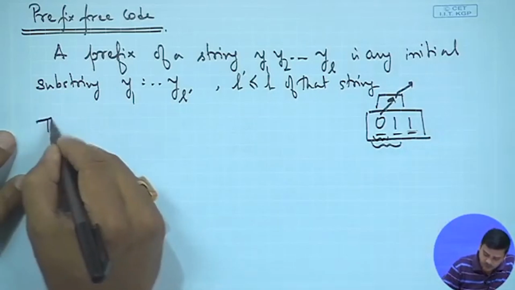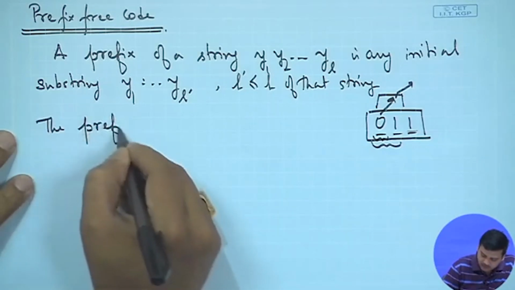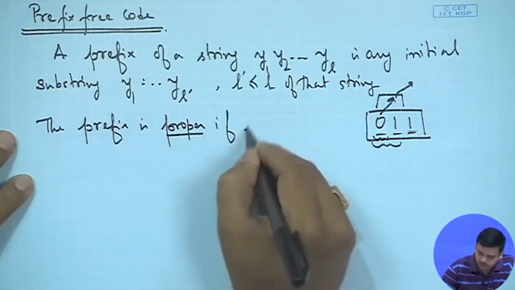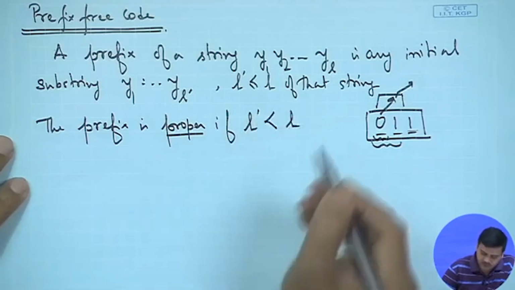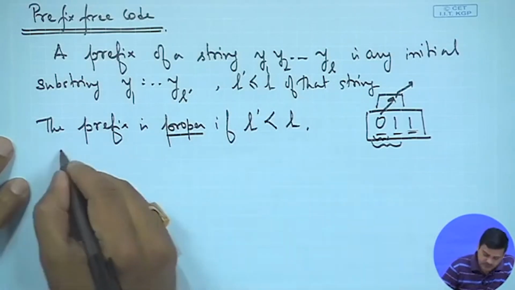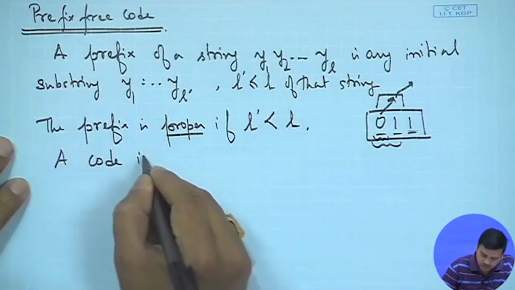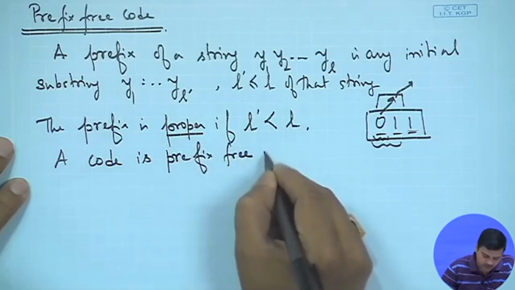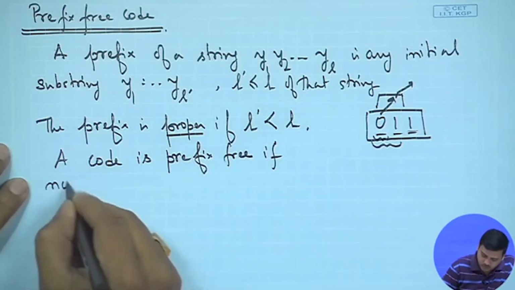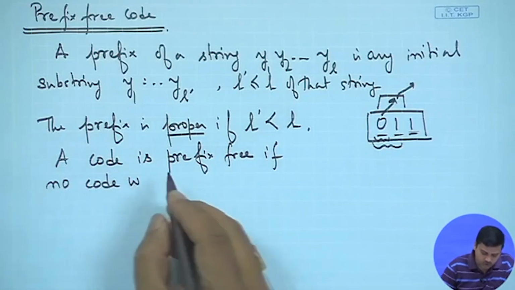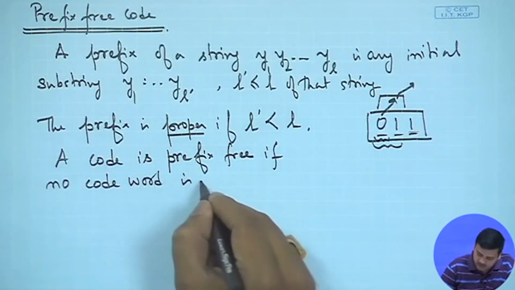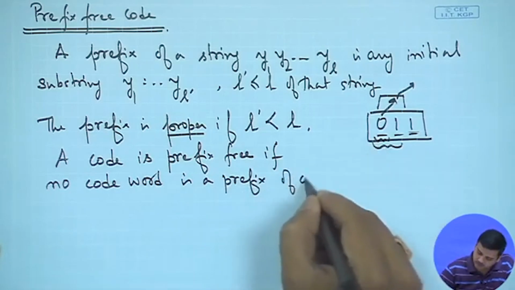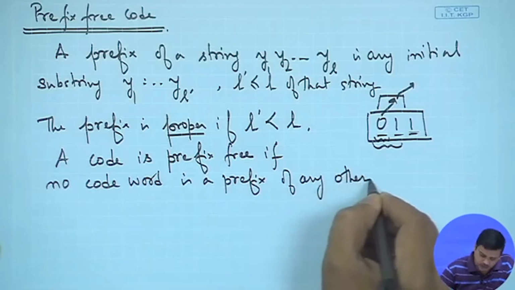We further go on, the prefix is proper if L prime is less than L, and then we say a code is prefix free if no code word is a prefix, that is what we just said, of any other code word.